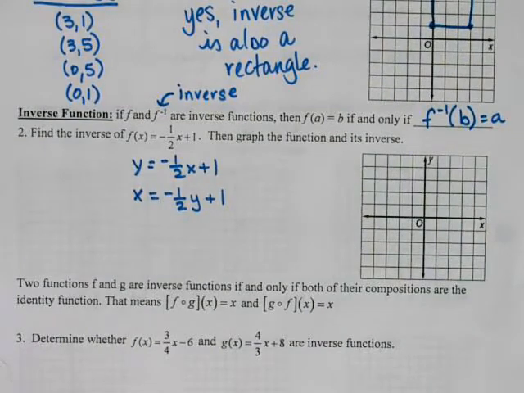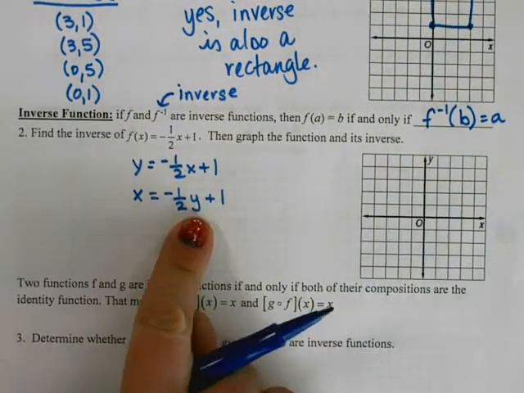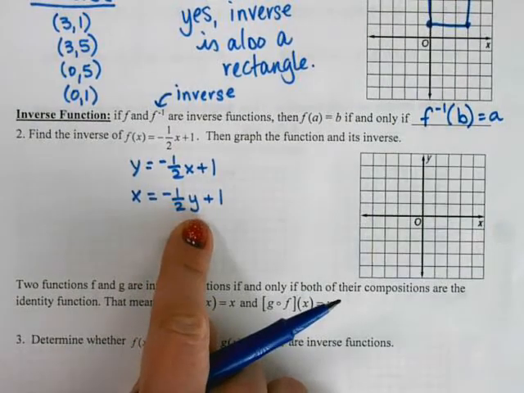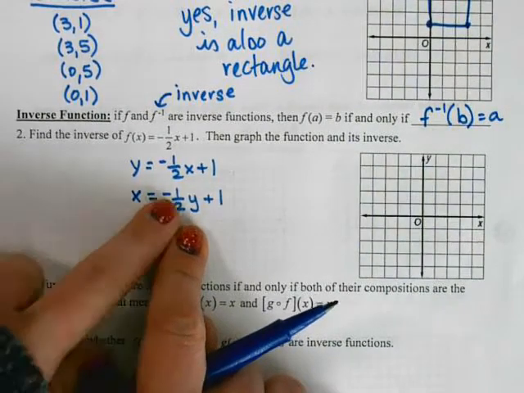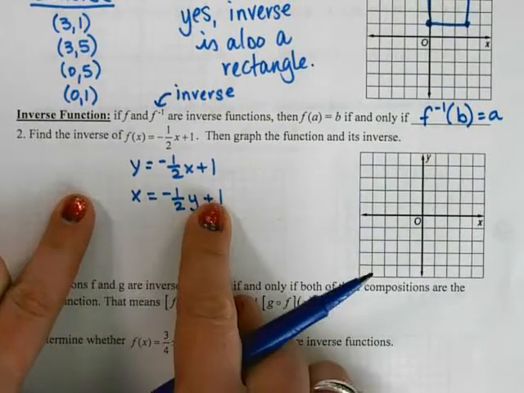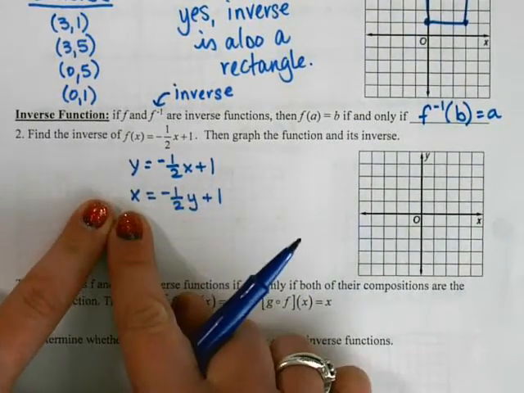All right, now when I graph things, what form do I like them in? Especially lines. y equals, right? Or slope-intercept form. This would be a whole lot easier to graph if the y was by itself. So let's rearrange that. What should I do first to get the y by itself?